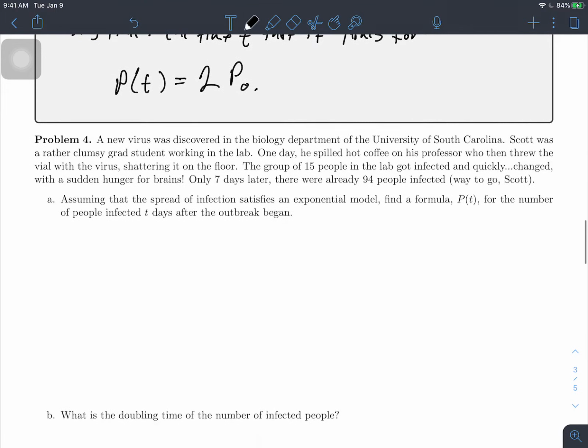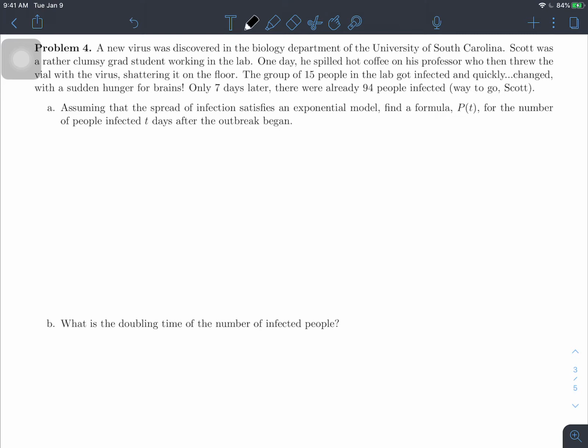Problem number 4 says, a new virus was discovered at the biology department of the University of South Carolina. Something about a grad student, they dropped something and the virus became uncontained and 15 people got sick. The main thing I'm reading here is 15 people got sick on the first day.